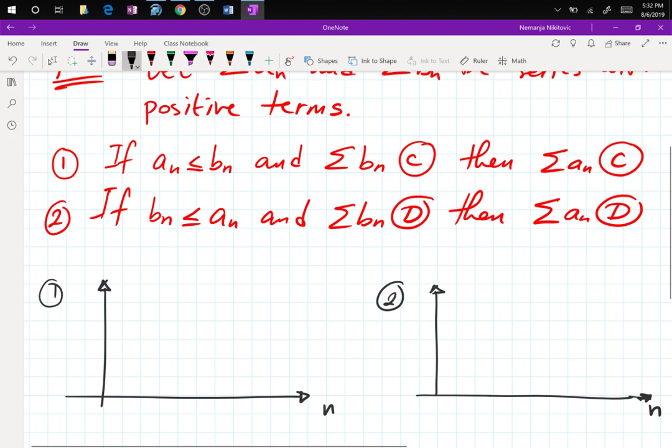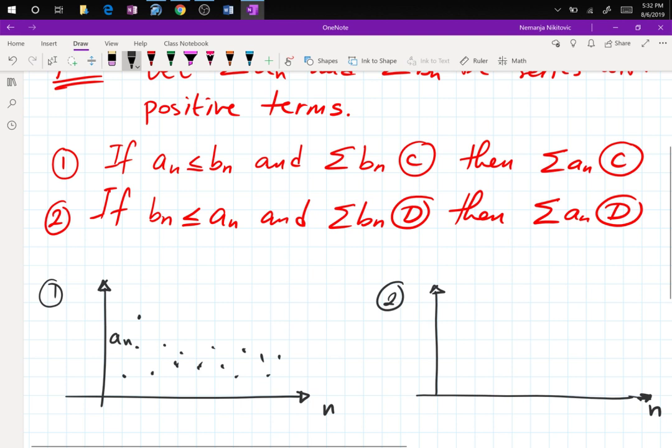So here is a series that is behaving a little bit erratic, right? And that's your an. And you are looking for the sum of an. But it's all over the place and it doesn't fit any of your tests.